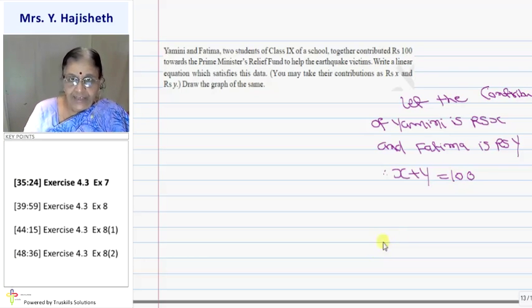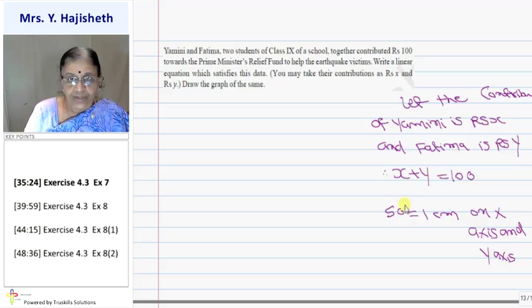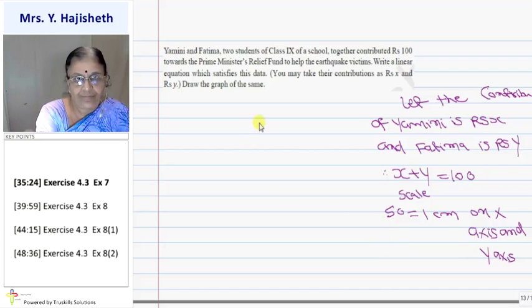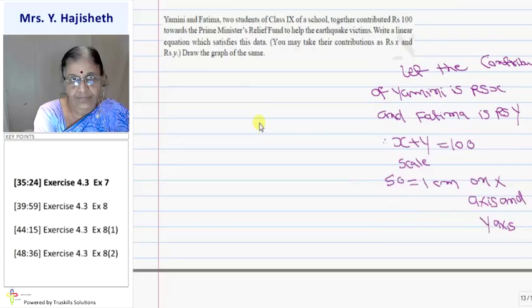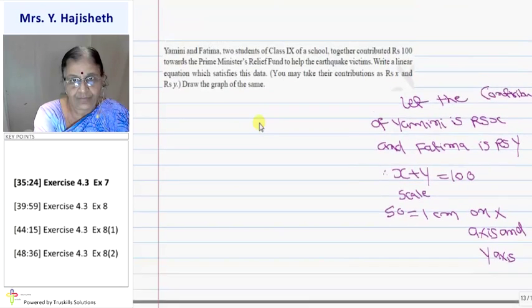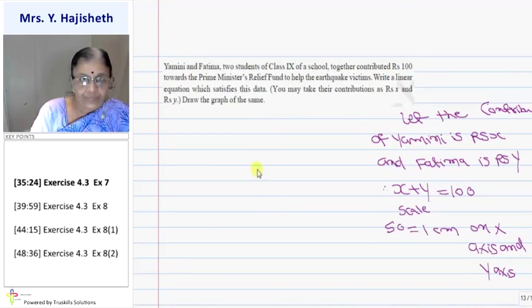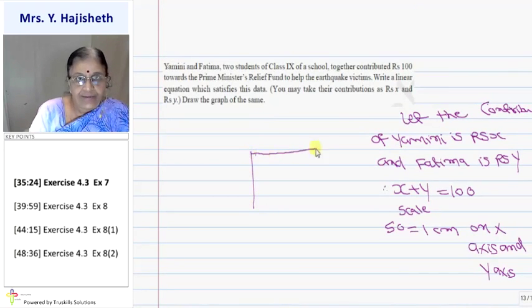Now here स्केल इसे बड़ा लेना पड़ेगा. 1 is equal to 50, that is 1 centimeter on x-axis as well as y-axis, because इधर टोटल 100 है. तो स्केल ऐसा लेंगे. और टेबल कैसे बनाएंगे आपको पता है? टेबल बनाएंगे x and y का.